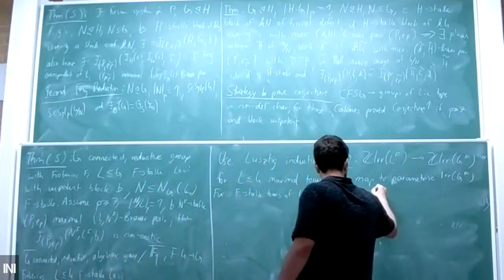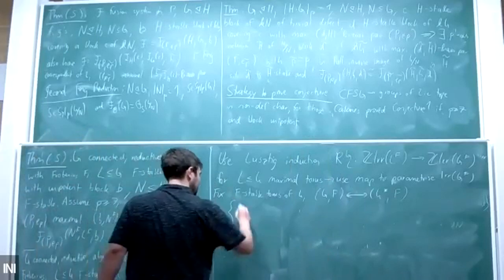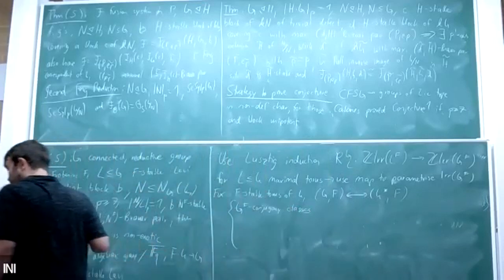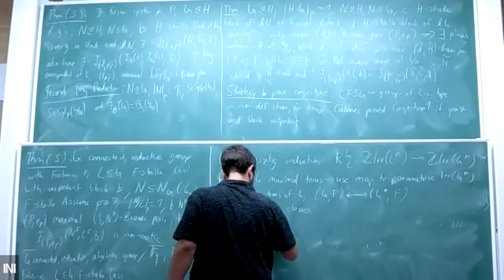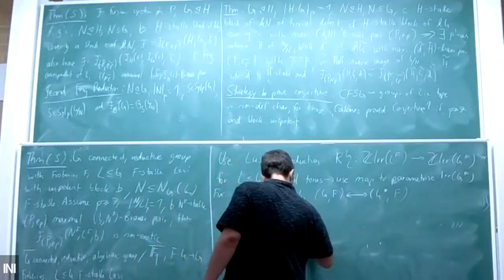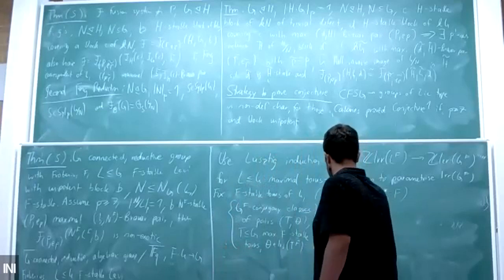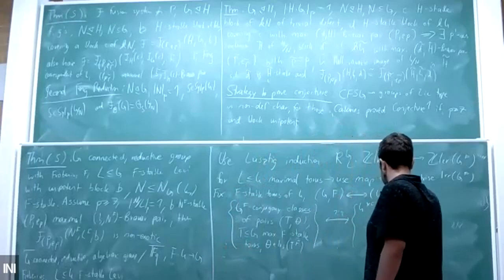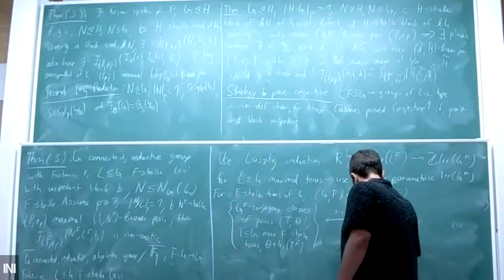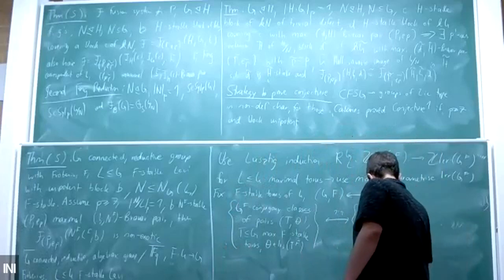So we assume that G is dual to G star F. And now we have that there is a one-to-one correspondence between the G^F-conjugacy classes of pairs (T, theta), where T is a maximal F-stable torus of G, and theta is an irreducible character of T^F, and the G star F classes of pairs (T star, s), where also T star is a maximal F-stable torus, and s is an element in T star.